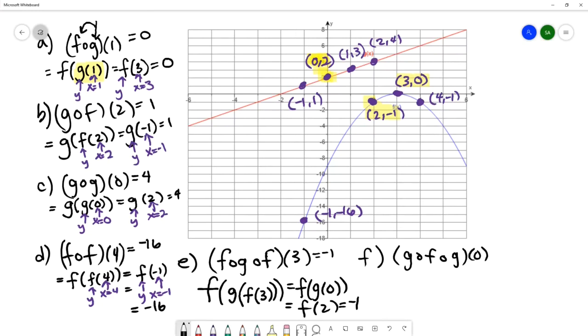On our last part, F, we have g composed with f composed with g. Remember, composition is substituting one function inside of another function. This time g is on the outside with f on the inside and g on the inside of that. So we want to find g of 0. g of 0, we've already found that right here. That's equal to 2.